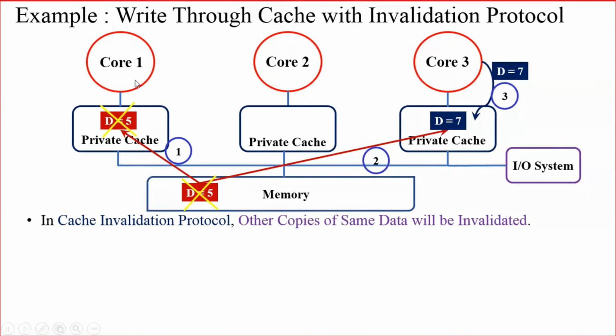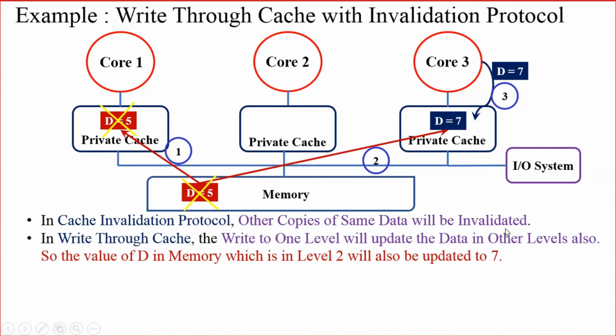Once core 3 has updated the data in its private cache, wherever the same copy is there, those copies will be invalidated or disabled. Previously we have seen the cache invalidation protocol in the example.